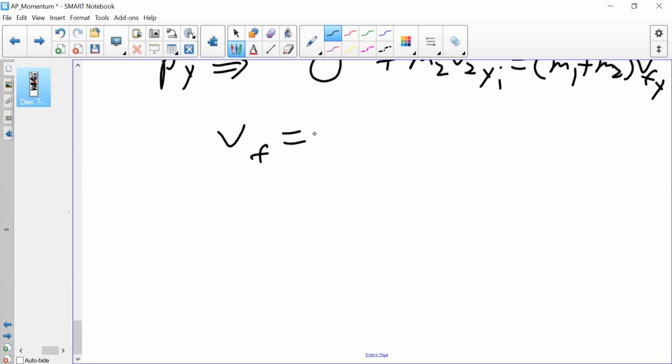Okay, so let's go further. The velocity along the hypotenuse, VF, is made up of VFX plus VFY. This is what is known as a linear combination, a technical term in linear algebra, meaning this is a combination of these two terms that make up VF. This is the vector representation.